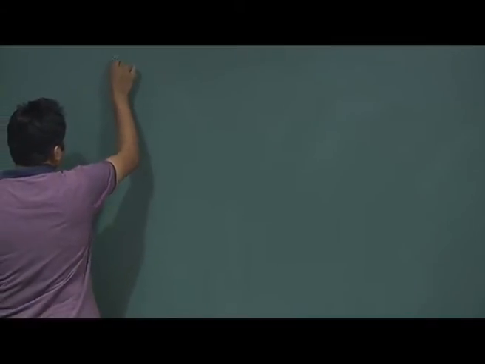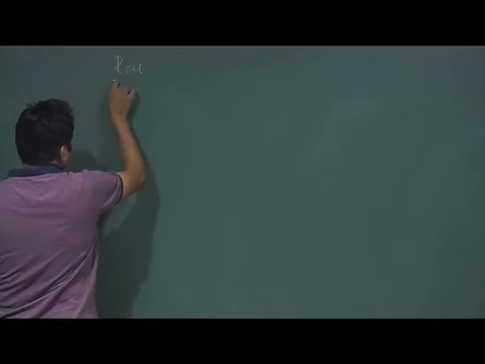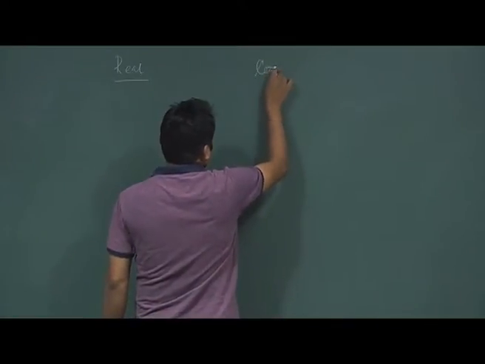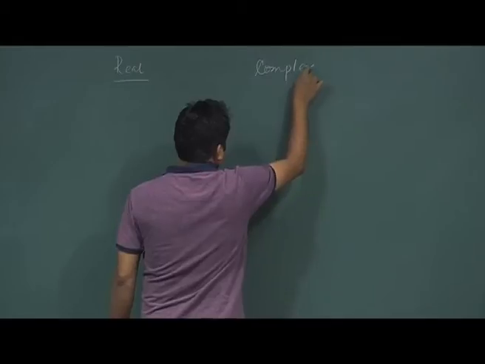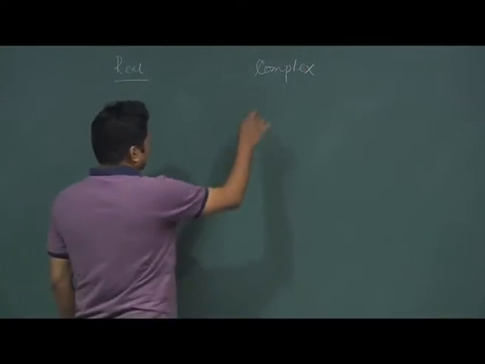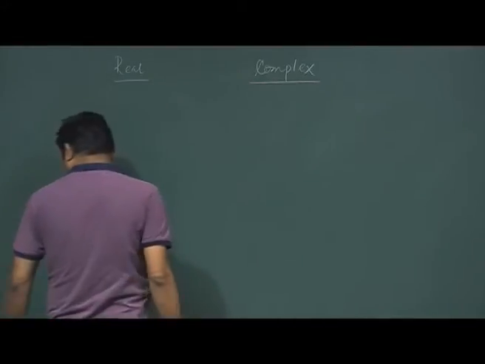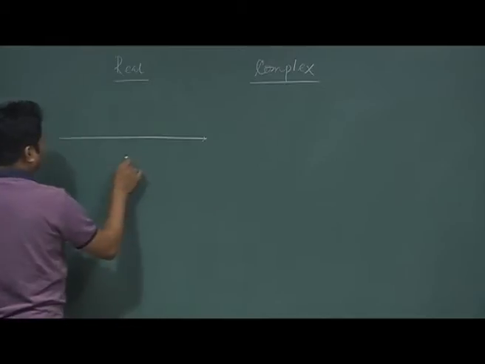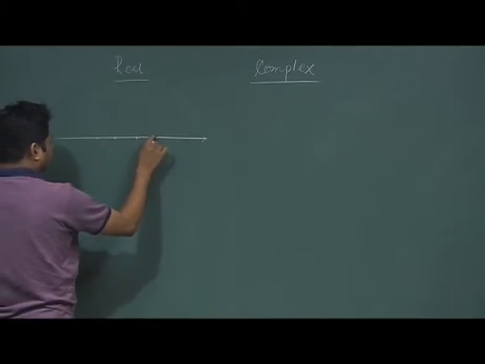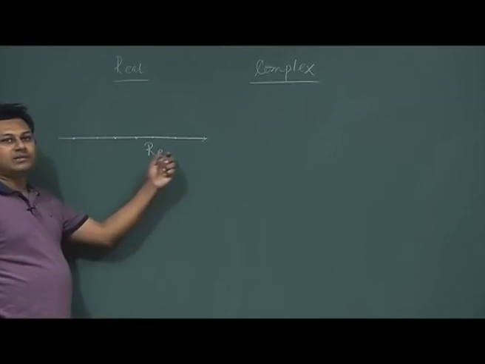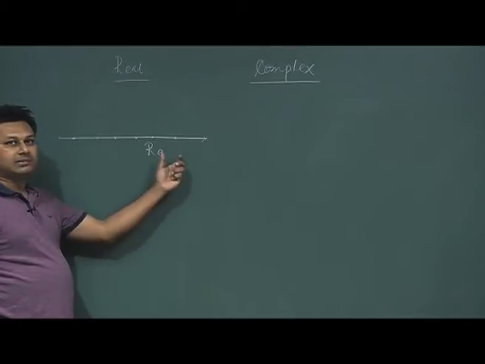So this is the real case and this is the complex case. In the real case, if you remember from the first class, if I want to define a point, it should be on the real axis. This is the real axis, so all the points, whatever the value, should be on the real axis.